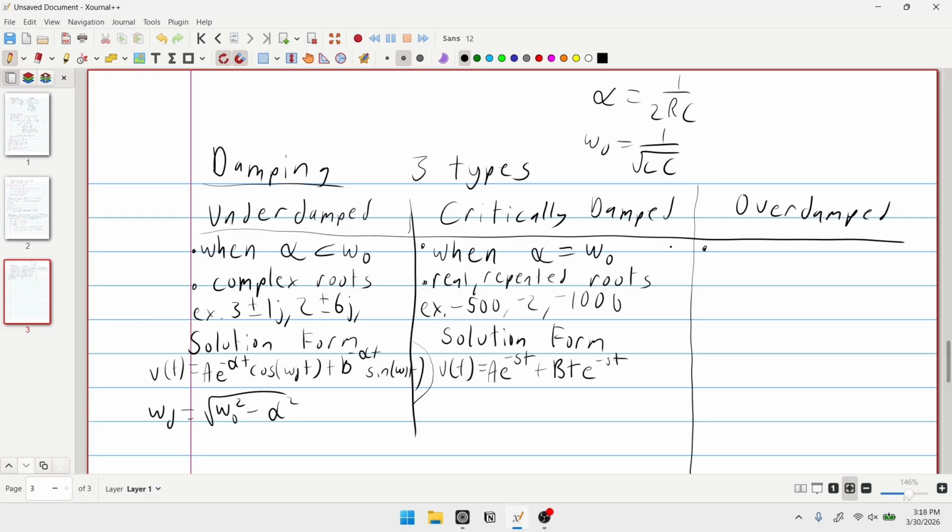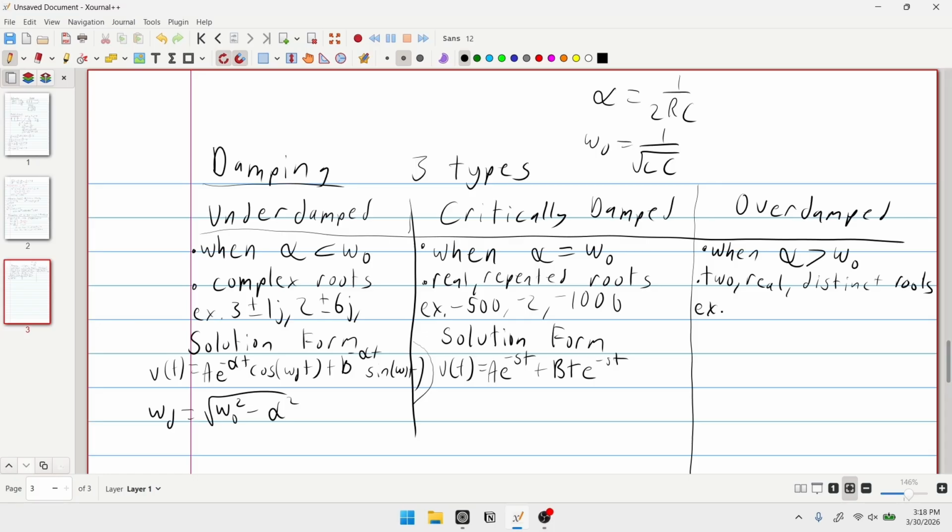And so if you look at the others, this means when alpha is greater than our natural frequency. So this means we have two real distinct roots. Okay?